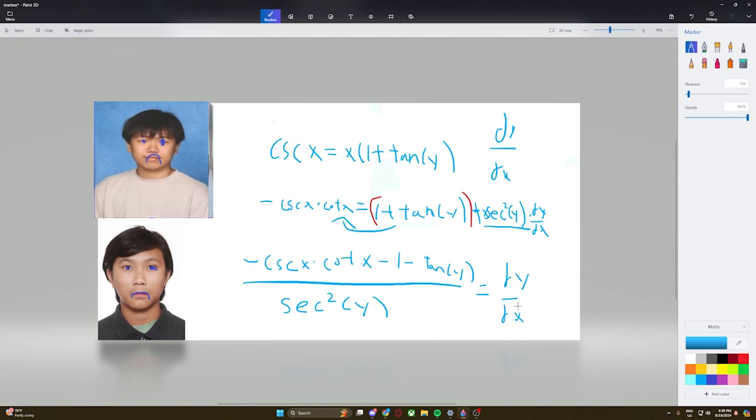And the reason why you do dy/dx on y is because if you do the chain rule on the x's, you get dx over dx for CSC when you initially derive it, and it'll just cancel out to 1.